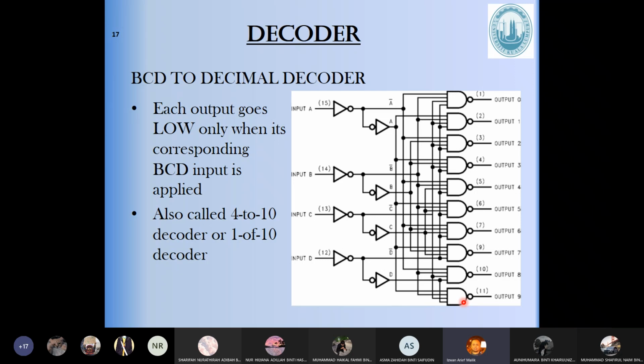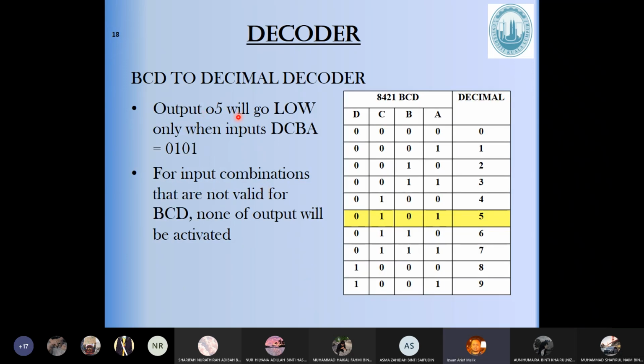Dia dah tahu dalam diagram dah tunjuk pakai AND gate tetapi pakai NAND gate tetapi output dia letak 1. So that is wrong. Sebab bila guna NAND gate, output will become 0. Pakai AND gate baru output dia will becomes 1. So sebab tu 05 this one will become low when the input of BCD is 0101.